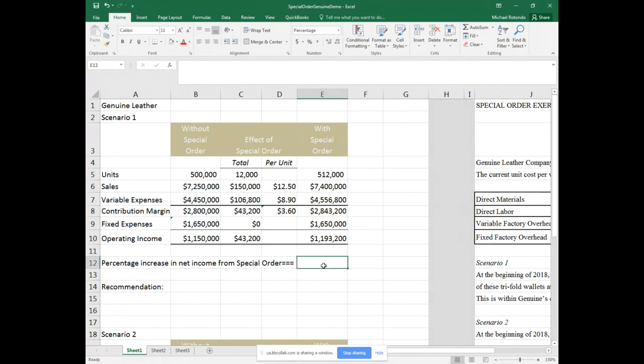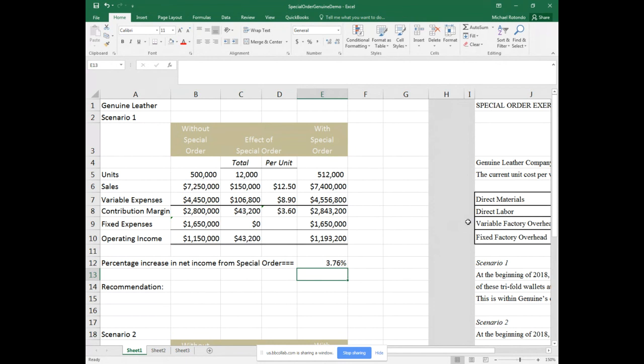Let's find out what our percentage increase in net income from the special order would be. What we're going to do is take the operating income increase we received from the special order and divide it by our initial operating income. That's going to tell us our percentage increase. So it's 3.76%.